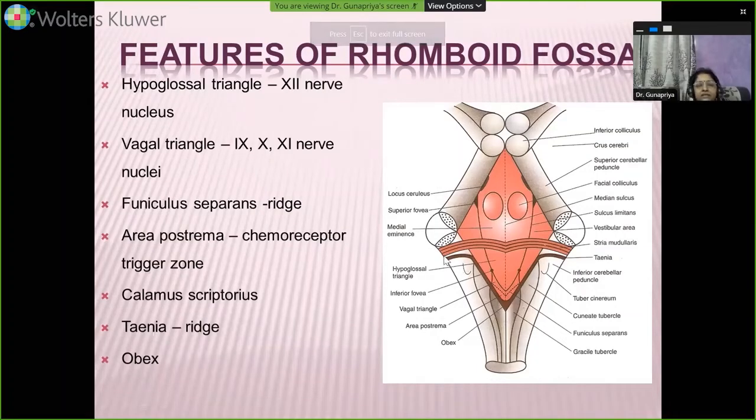And this dark maroon color ridge is known as tinea. It's another whitish ridge which extends from one inferior cerebellar peduncle lower down and then to the other inferior cerebellar peduncle. It's a whitish ridge, and that is known as tinea. The lowermost point of the floor of the fourth ventricle is referred to as obex.